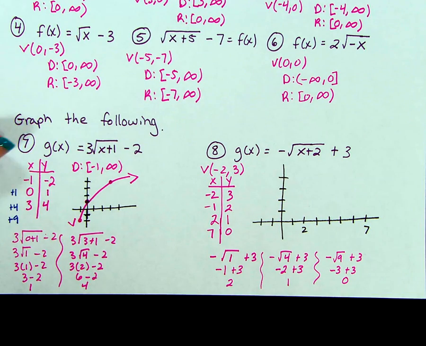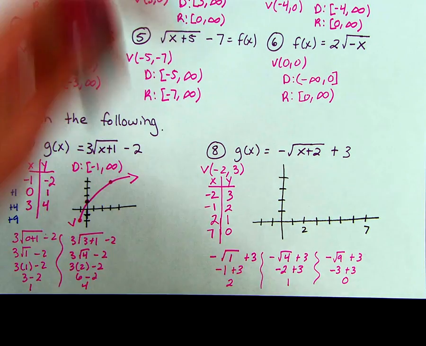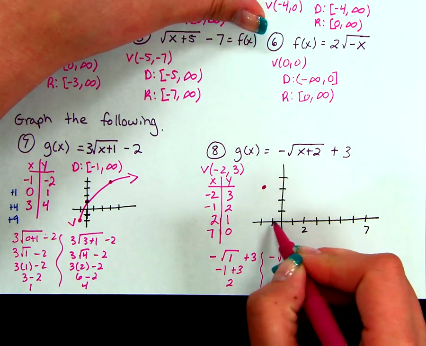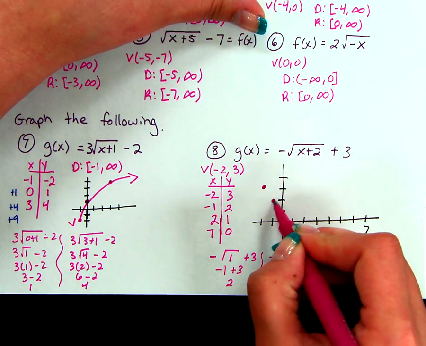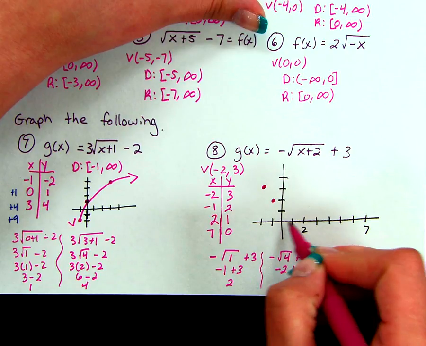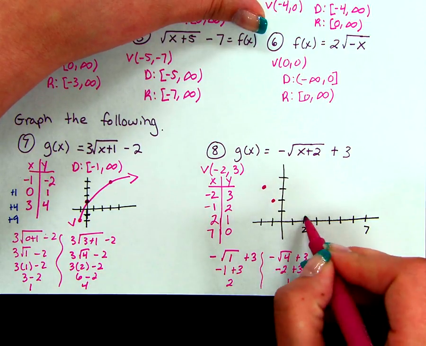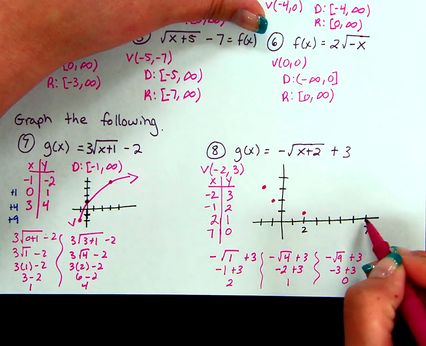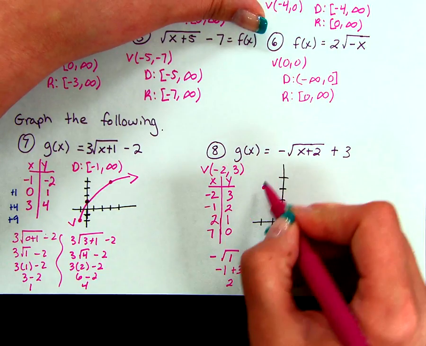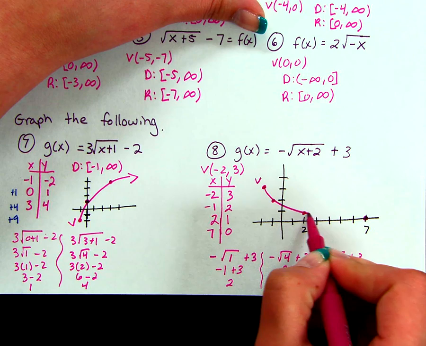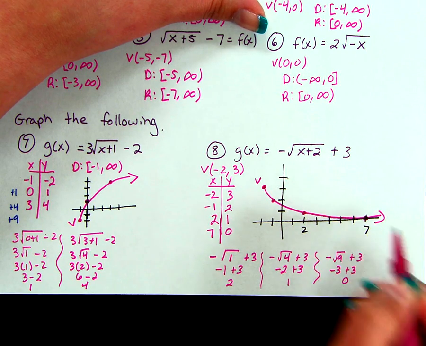All right, so first point we're going to go left 2, up 3. And then left 1, up 2. And then right 2, up 1. And 7, 0. So again, this is my endpoint, so this was our vertex. So it's going to kind of come down, curve around, and then it's going to continue forever to the right.